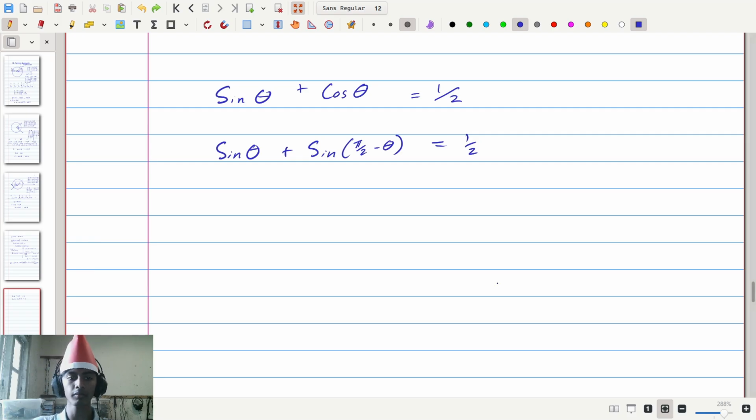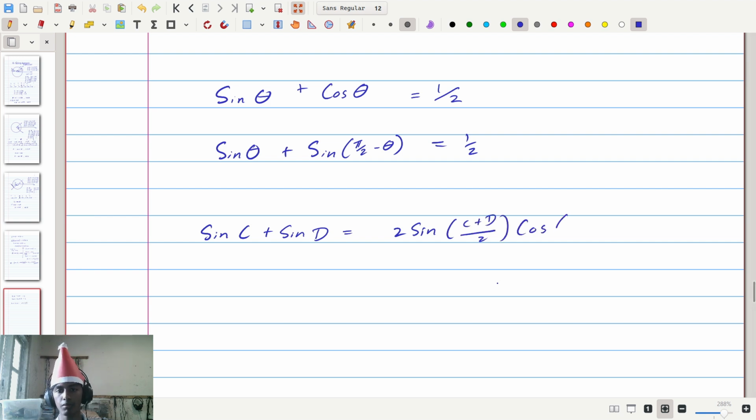Check that out. If we have sine C plus sine D, this is equal to 2 sine of C plus D divided by 2, times the cosine of C minus D divided by 2. Using this formula, we can simplify this into a product of a sine function and a cosine function.